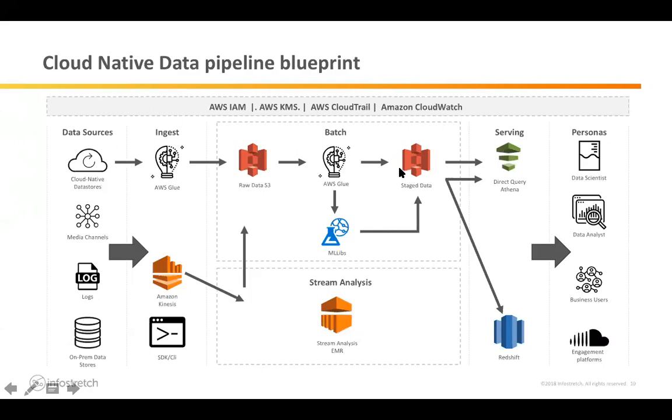But to make it more business ready and avail it to different business users and personas, you would probably want to have a dimensionality of that data, and that dimensionality can be achieved by different data warehousing solutions. From the AWS standpoint, they offer Redshift as their data warehousing solution.